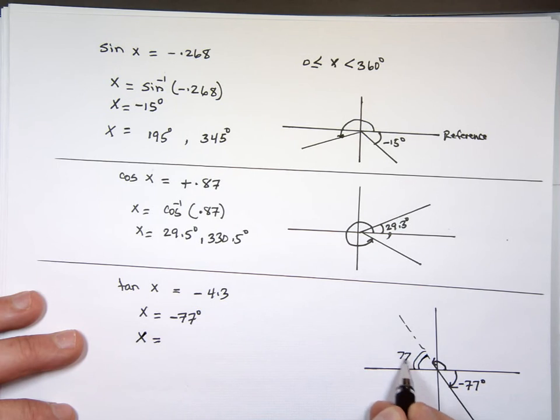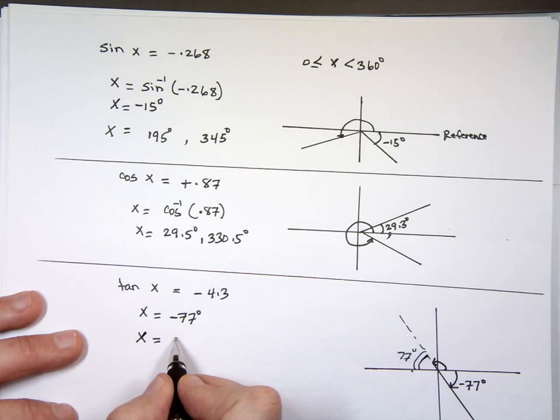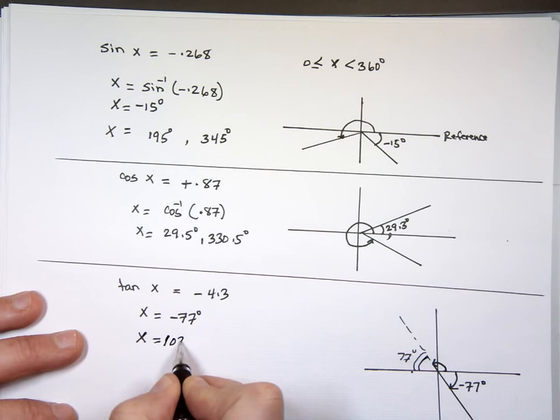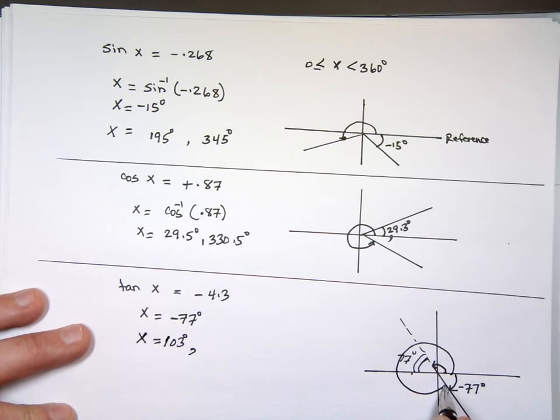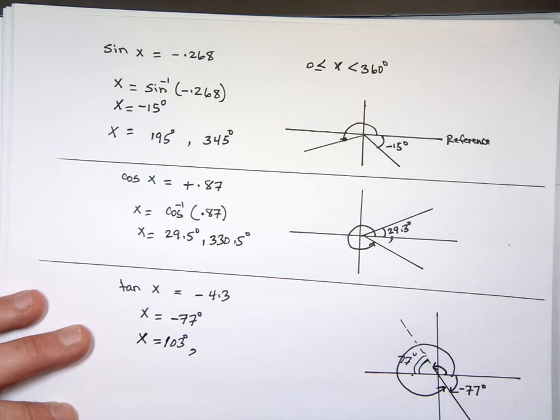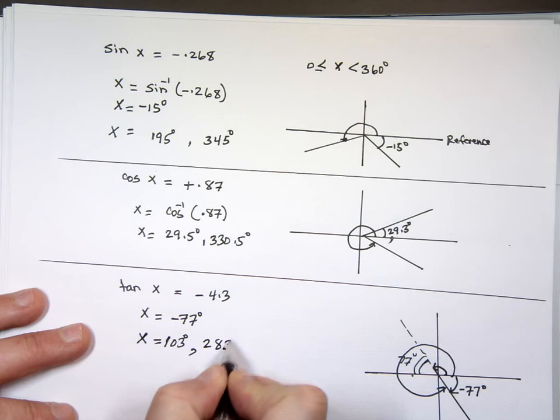So the whole thing from here to here is 180, and 180 minus 77 is what? 103. That's one of them. I also have another one way down here. That's 360 minus 77. 283? Yep. And there's my two answers.